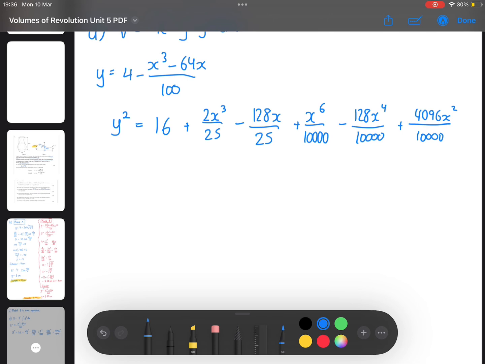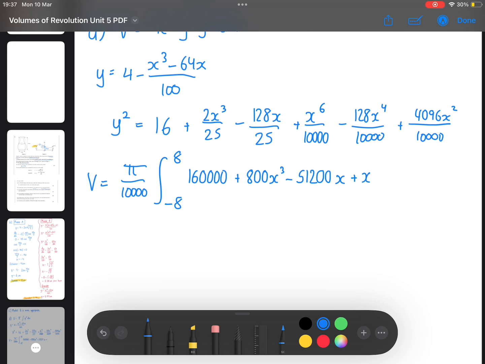Because it's a constant term, we can just take it out of the integral altogether by dividing by 10,000 there, and we're integrating between 8 and minus 8, and then I've just multiplied all the terms on the inside by 10,000, so we have 160,000 plus, and then we have 400 times 2x cubed over 25, which leaves us with 800x cubed minus 51,200x plus x to the 6 minus 128x to the 4 plus 4096x squared, and dx, of course.